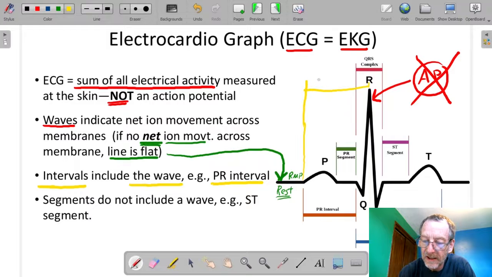What I'm getting at is that it includes the P wave.